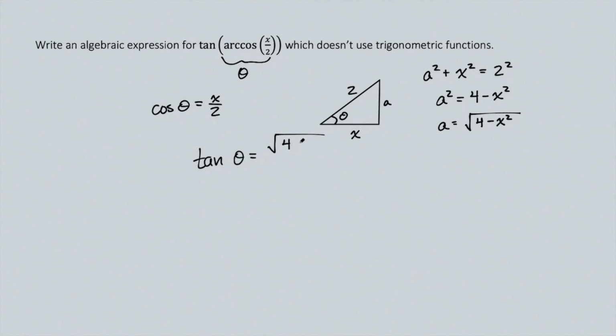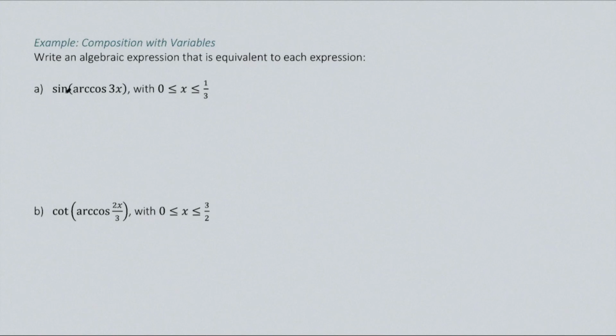So square root of 4 minus x squared, and then over the adjacent, which is x. And so there's our algebraic expression in which we don't have any trigonometric functions. Here I've got some composition of trigonometric and inverse trigonometric functions, but I've got variables. And so I can't really evaluate it, but I can rewrite it as an algebraic expression without any trigonometric functions.